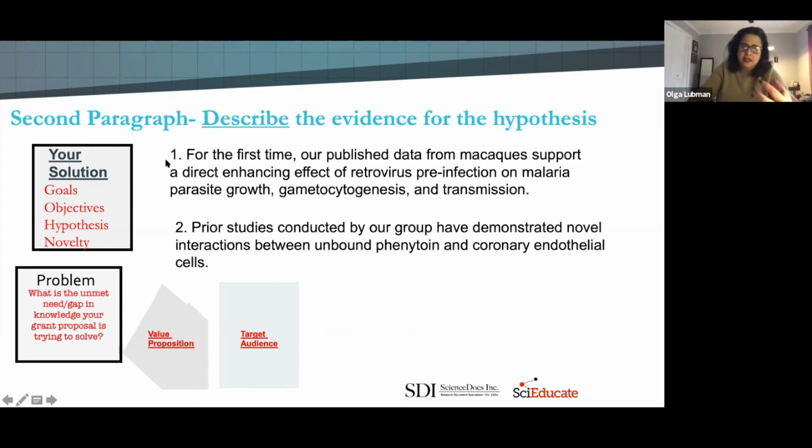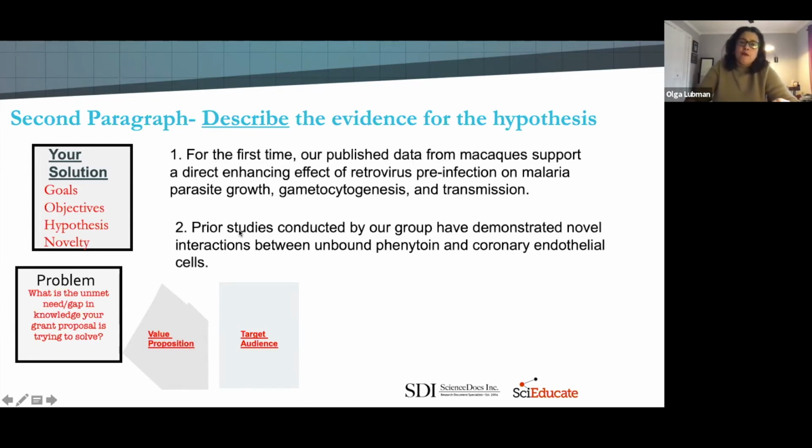And the sentences need to be broad. For the first time, our published data from macaques support a direct enhancing effect of retrovirus pre-infection on malaria parasite growth, gametocytogenesis, and transmission.